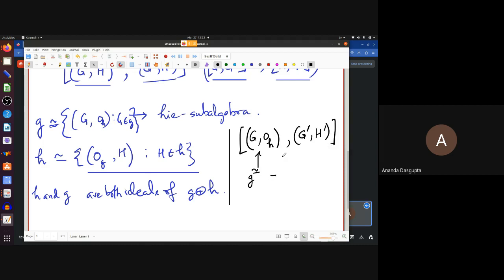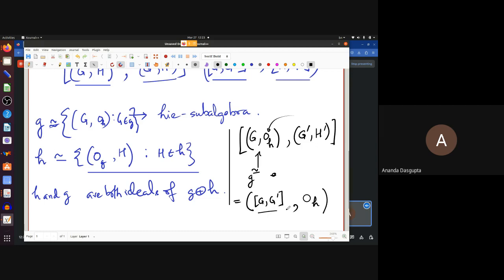And of course, by the definition of how you take brackets, it simply ends up being the pair G comma G prime, this bracket, and the Lie bracket of 0, H and H prime, which of course is 0, H, which means that when you take this Lie bracket, you get an element in small g.